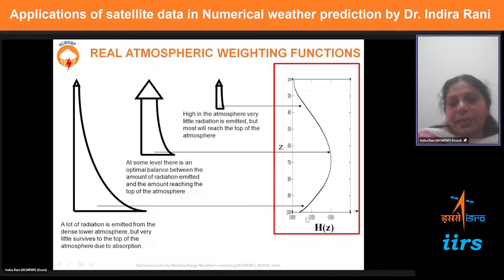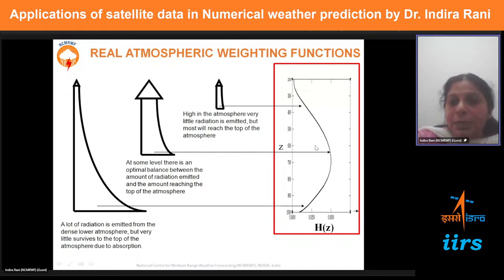Most of the radiation emitted from the surface is absorbed by the atmosphere, so whatever reaches the top of the atmosphere is a very small amount. But somewhere in the middle, there is a balance between the energy emitted and the energy reaching the top of the atmosphere. So at some level, there is an optimal balance between the amount of radiation emitted and the amount reaching the top of the atmosphere.